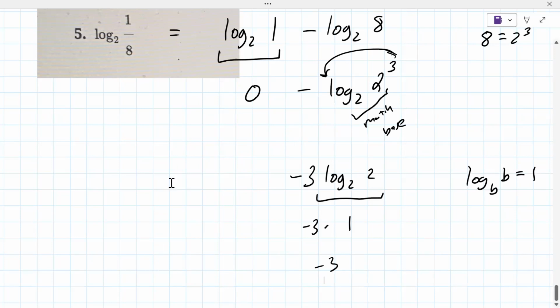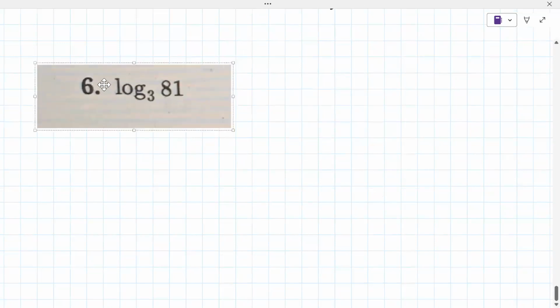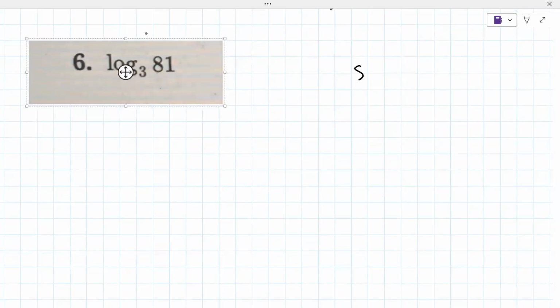All right, let's try number 6. Actually, 5 was really a good question, but 6 is more of the starter questions here. So the idea is, if you don't have a calculator, can you write 81 as 3 to some power?